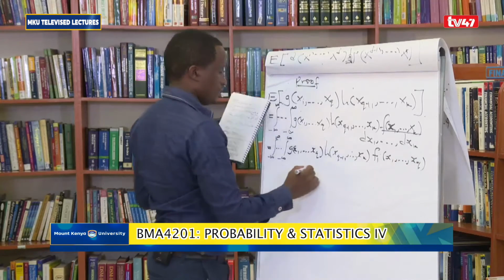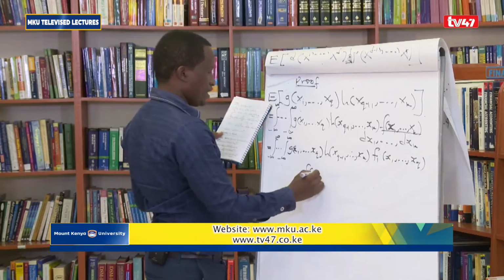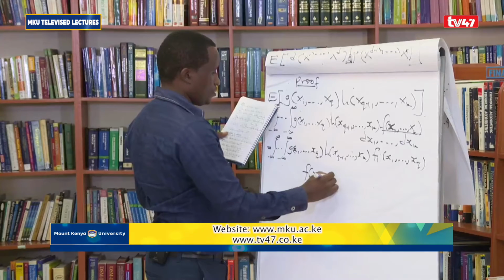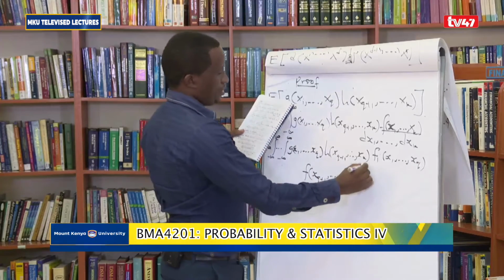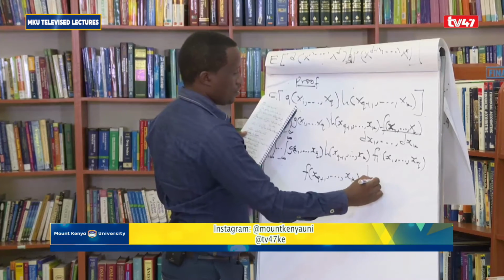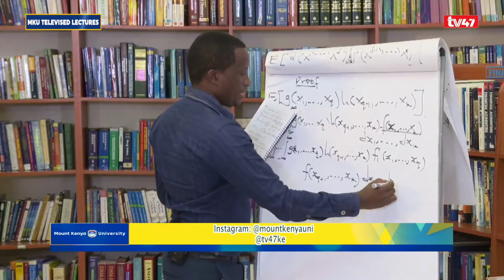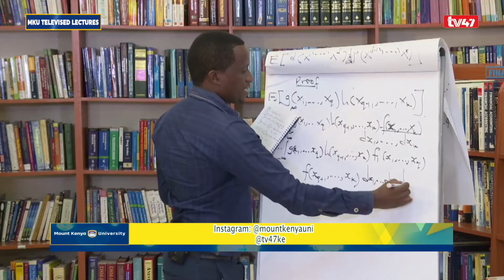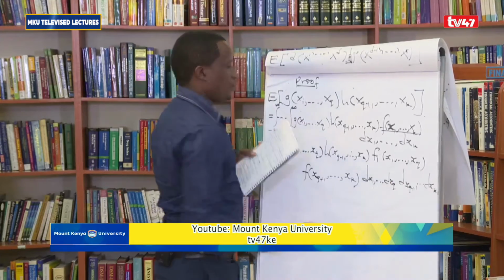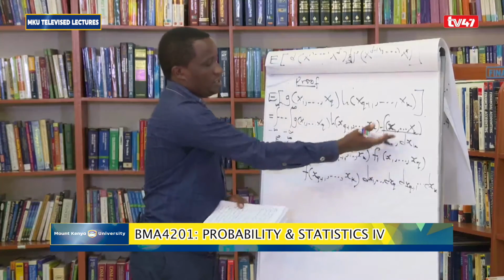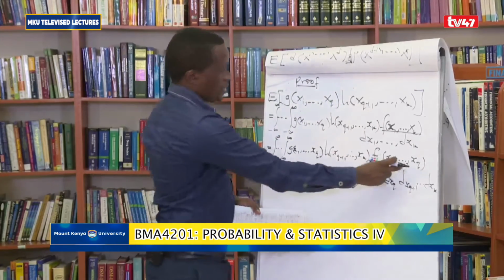We are now getting the partition. Then f of xq plus 1 all the way to xk. Then dx1 all the way to dxq. Then dxq plus 1 all the way to dxk. So we have partitioned the distribution of all of them into two parts, this part and this part.